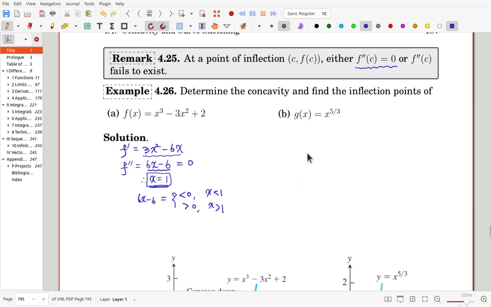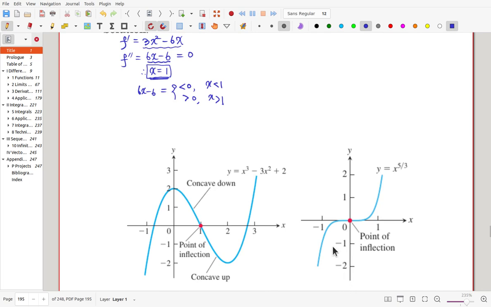Now we'll go to g of x, and for g of x, we have such a graph. Apparently that is a point of inflection because it's concave down and then concave up, and the slope is well defined, so we can find a tangent line.